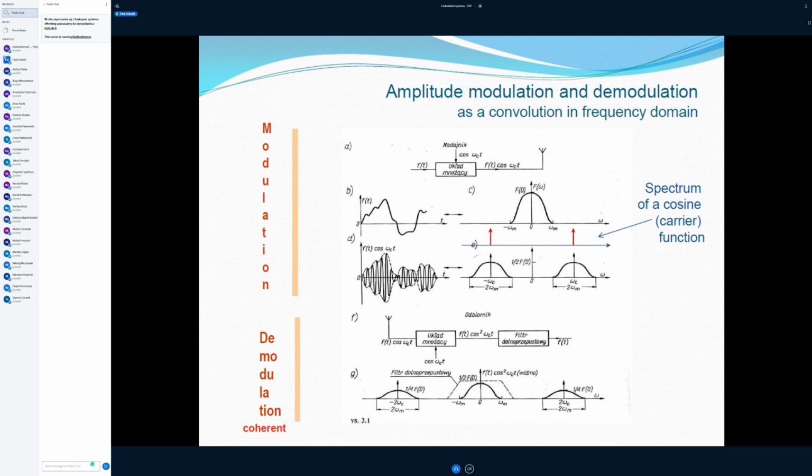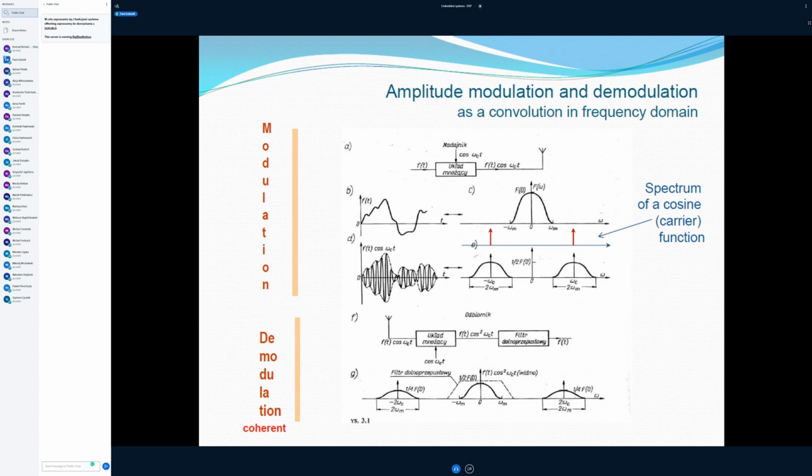So the simplest method of moving the frequency spectrum to a given band is to multiply by a sinusoid function. Why? Well, I will not say physically why, but I will say mathematically how it may be explained.